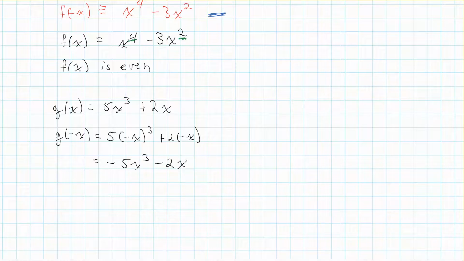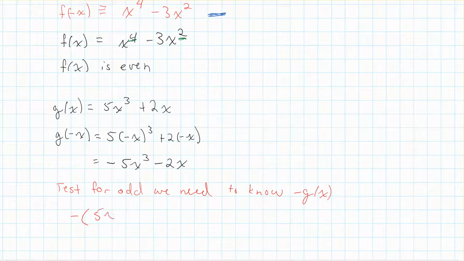But let's test for odd. In order to test for odd, we need to know negative g at x. Well, negative g at x is negative (5x cubed plus 2x), which the easiest way to look at this is to distribute that negative, so we'd have negative 5x cubed minus 2x.